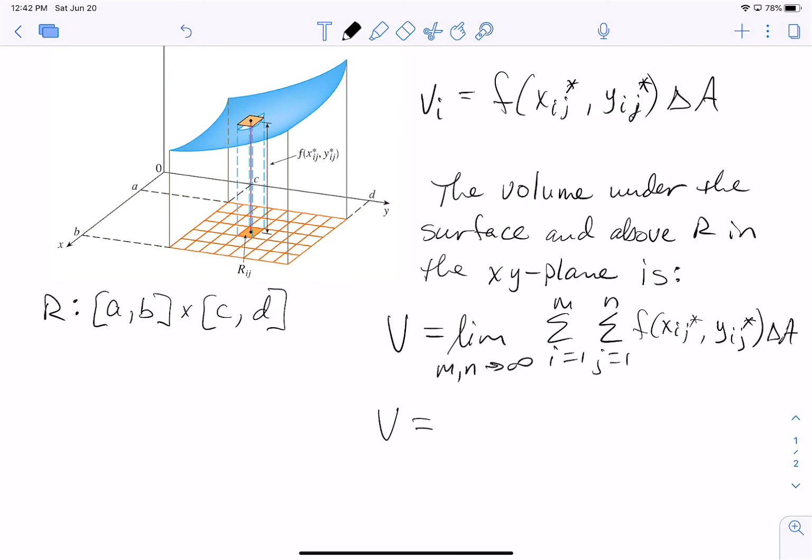Volume is equal to the double integral over the region R of f of x y dA.